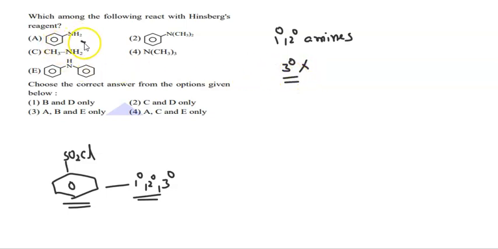Aniline is a primary amine which can react with the Hinsberg reagent. N,N-dimethylaniline is not a primary or secondary amine, it is a tertiary amine, so it cannot react. Methylamine can react, trimethylamine cannot react, and diphenylamine can react, being a secondary amine. So A, C and E can react with the Hinsberg reagent. It is option 4, which is the correct answer for the given question.